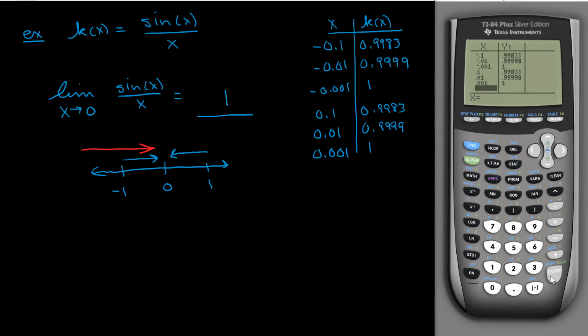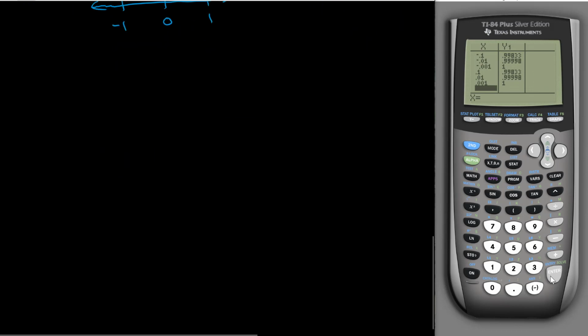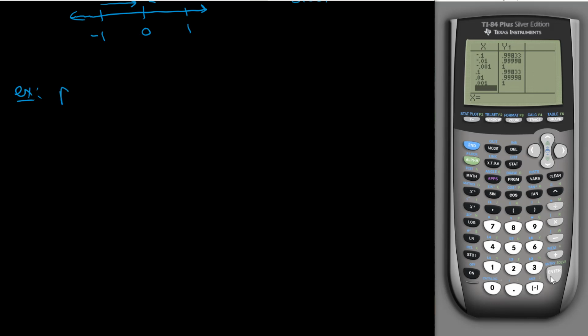Okay, let's take a look at another example. Let's say we have something like this. Going to use a rational function this time. Let's say we have p of x is equal to x squared minus 1 over x minus 1. Now, notice the numerator here will factor.